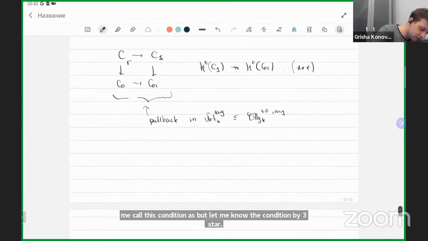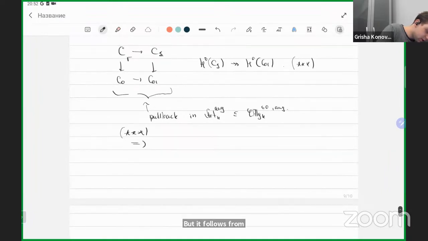But it follows from that that it is in fact a pullback in a bigger category of non-connective algebras.